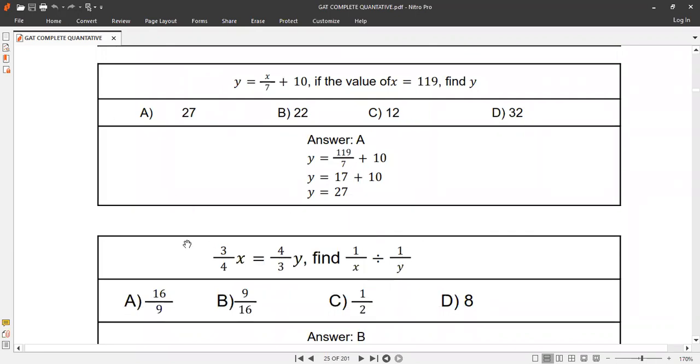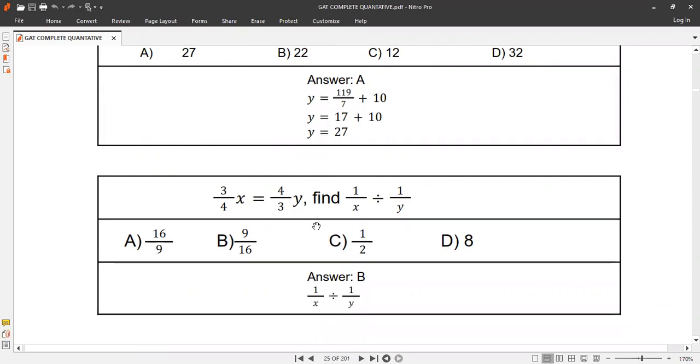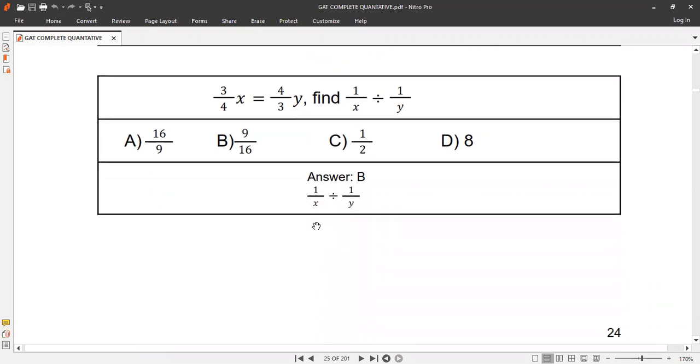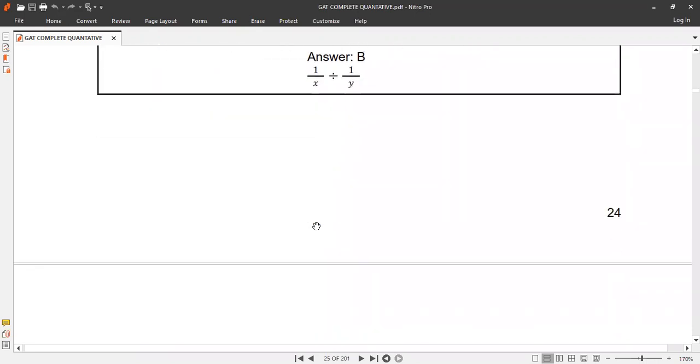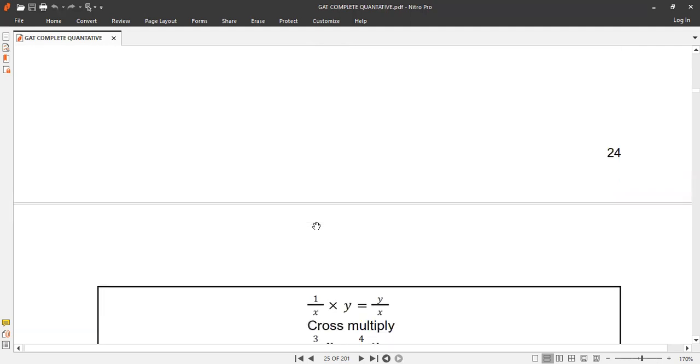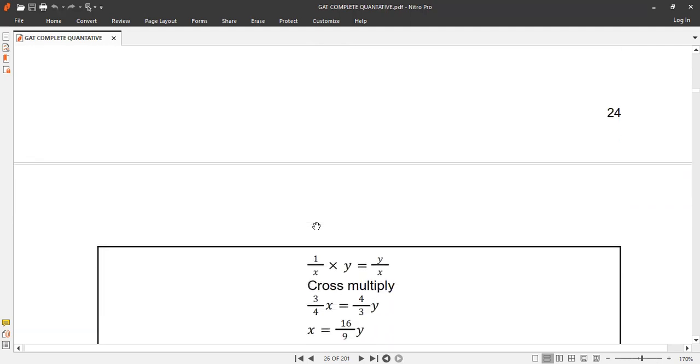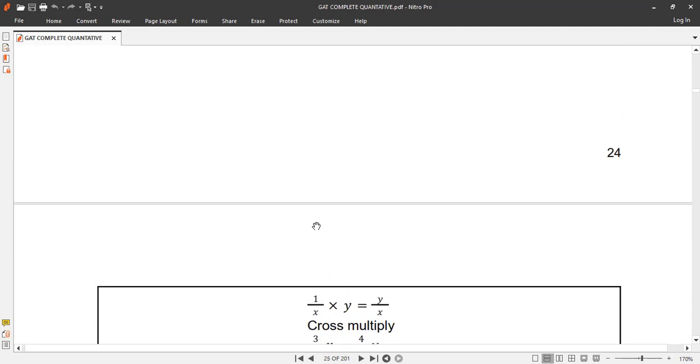Now, 3 over 4x equals 4 over 3y. Find 1 over x, divide 1 over y. This kind of strange questions. Here I will use the book way of explanation.